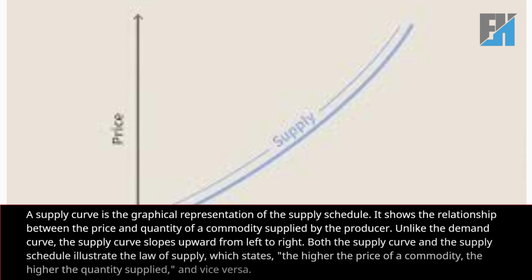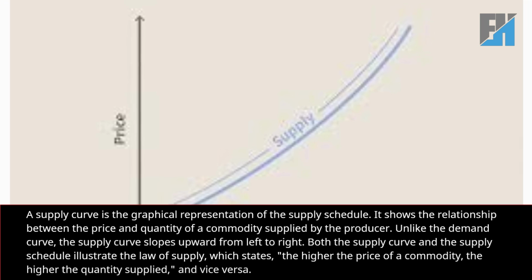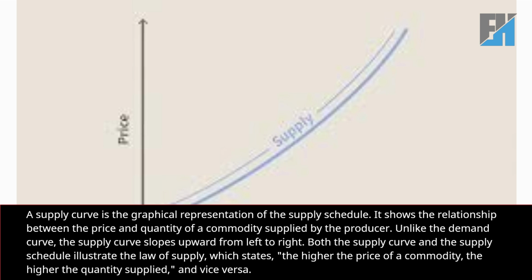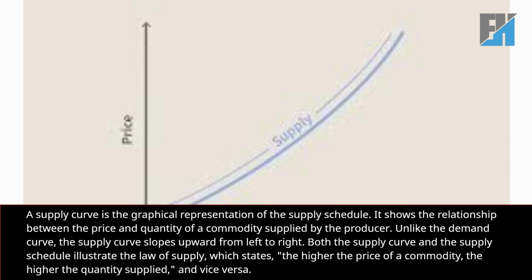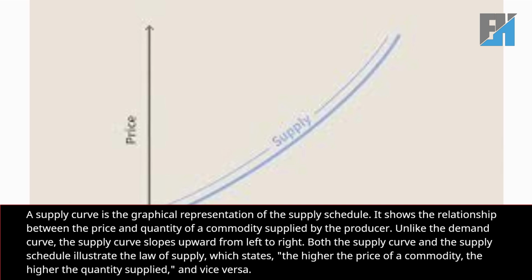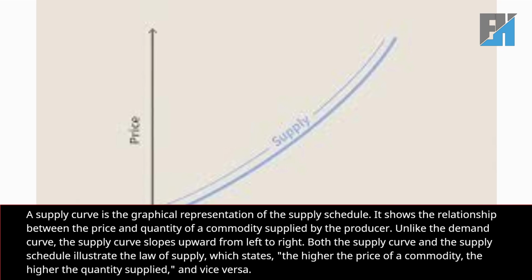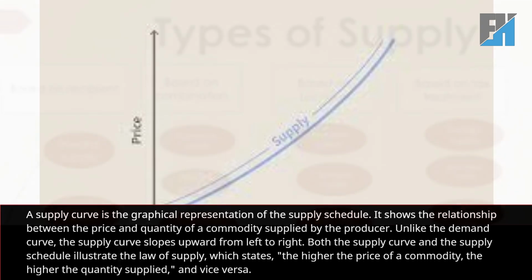It shows the relationship between the price and quantity of a commodity supplied by the producer. Unlike the demand curve, the supply curve slopes upward from left to right. Both the supply curve and the supply schedule illustrate the law of supply, which states, the higher the price of a commodity, the higher the quantity supplied, and vice versa.